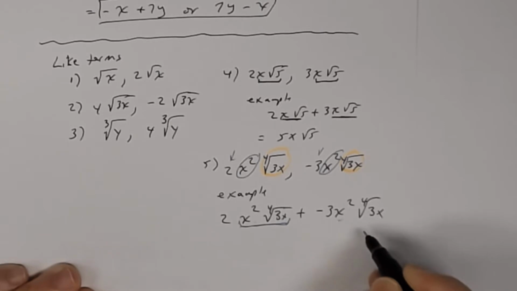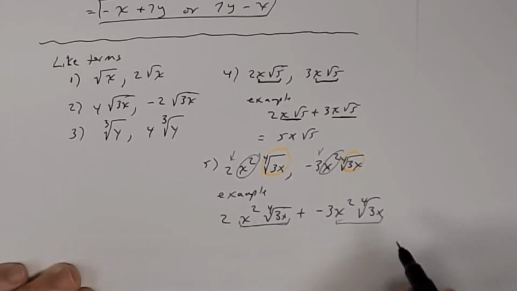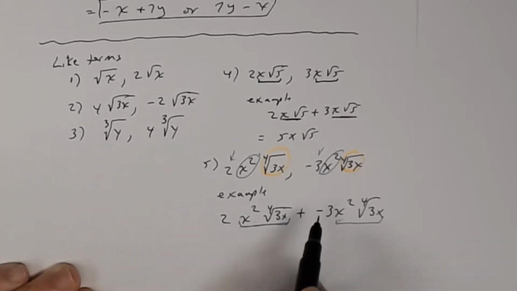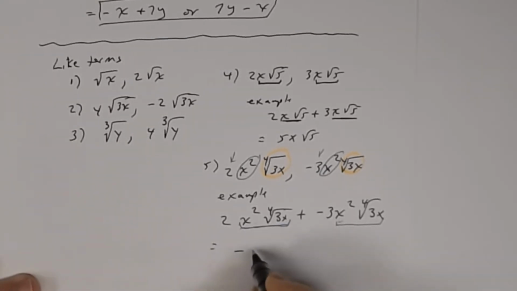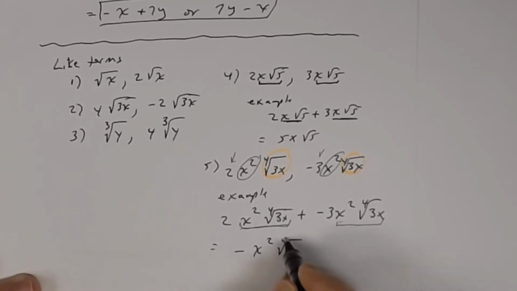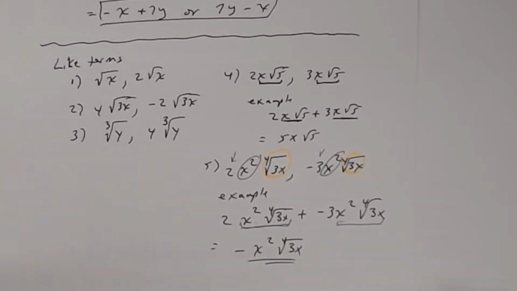So that is exactly the same as that. So 2 plus a negative 3 of them would be a negative 1 of them, right? So the answer would be negative x squared times the fourth root of 3x. And that's all that is.